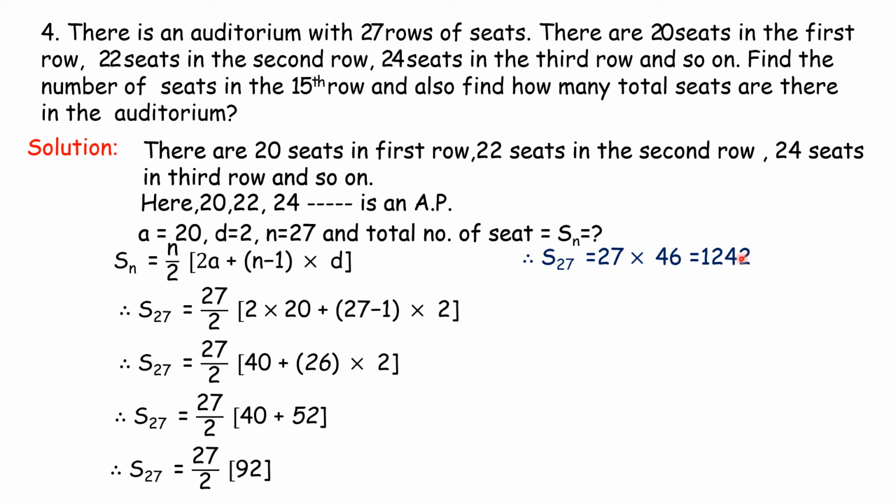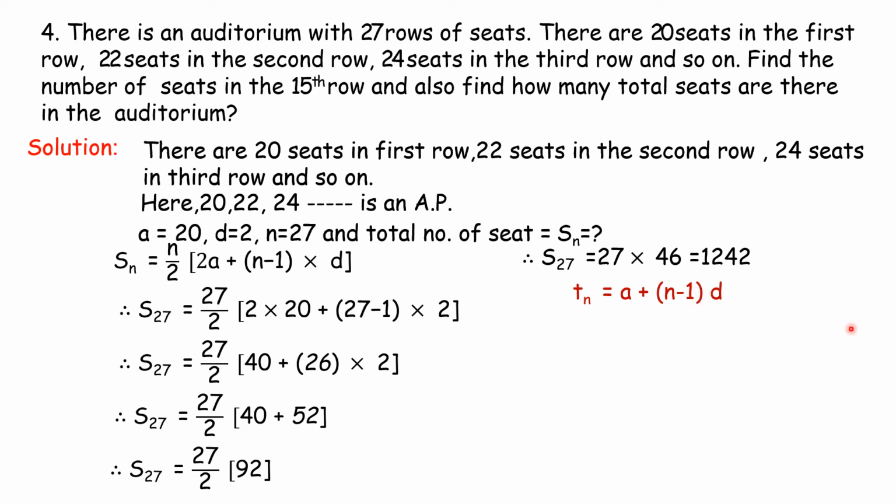Total number of seats, that is 1242. Now we find out the number of seats in 15th row. Here we use the formula nth term is equal to a plus n minus 1 bracket complete into d.